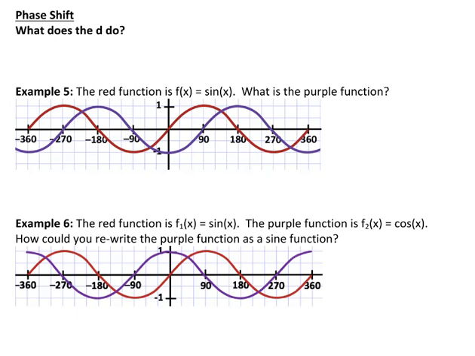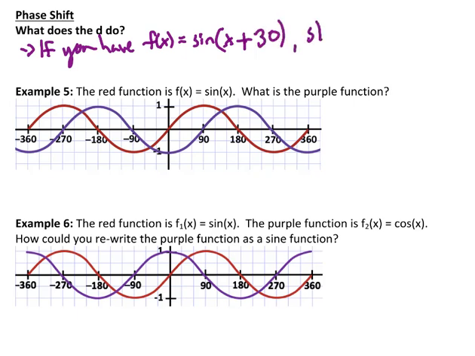If you're adding a value inside your sine function, or your cos function, same idea, so if you have f of x is sine of x plus some number, maybe say plus 30, that means slide to the left by 30. And that's horizontally, right? So that's a horizontal slide.